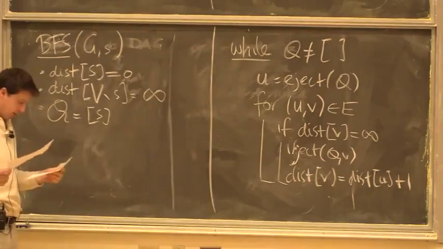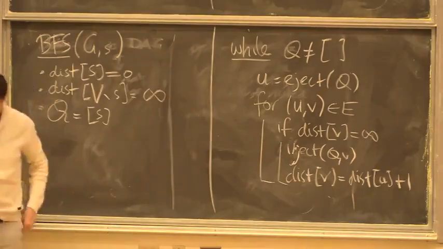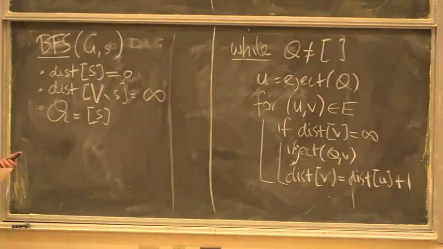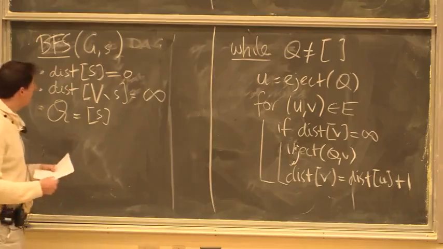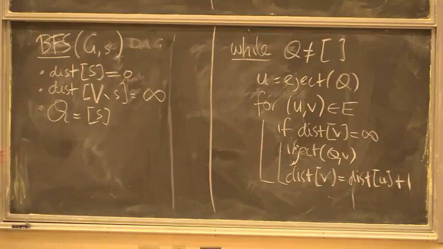And maybe, let's see if I want to go through the example or not. Let me first talk about the running time, then we can see the algorithm in action. All this stuff is cheap. We're just allocating an array of size n, so this is linear in n.